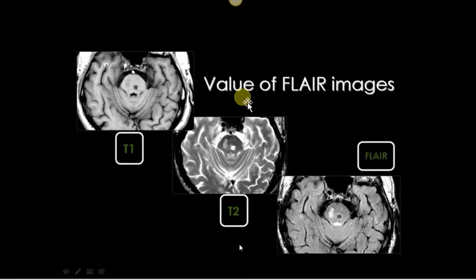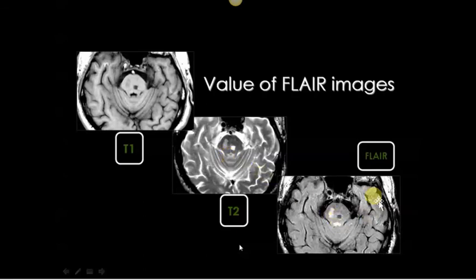There is another thing, the value of the MRI image, which I can explain this way. In the T1, T2 and FLAIR images, here is a recent infarction and here is an old infarction. In a T2 image it is very difficult to understand which is recent and which is old; the old infarction becomes white, but still you cannot understand it clearly.